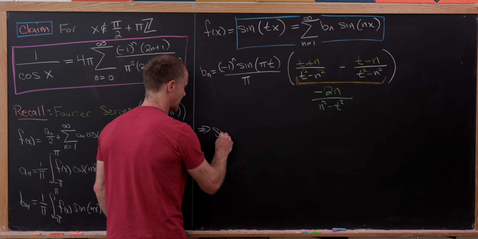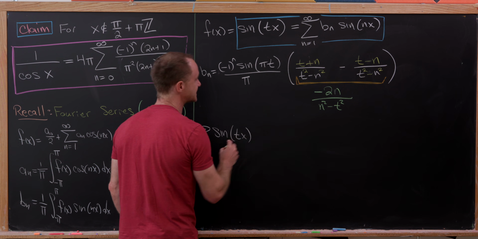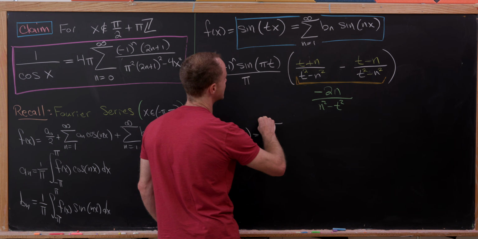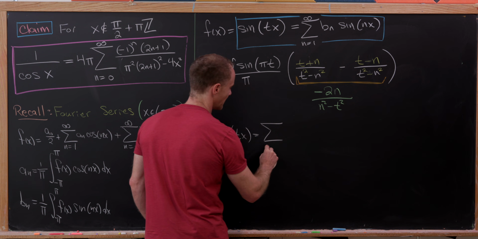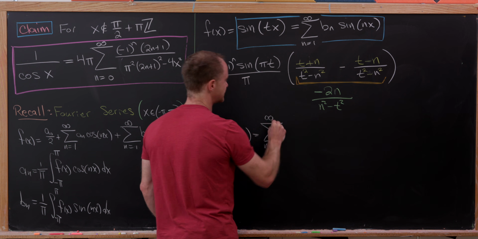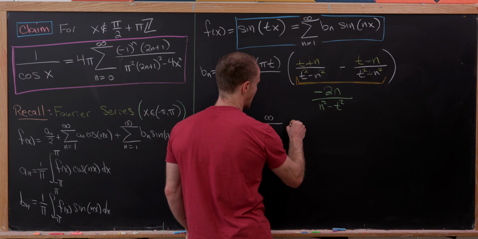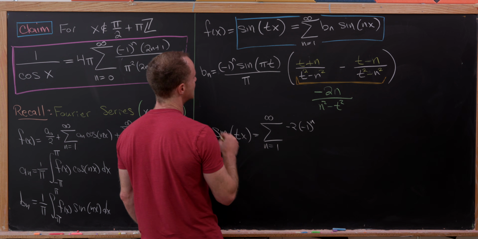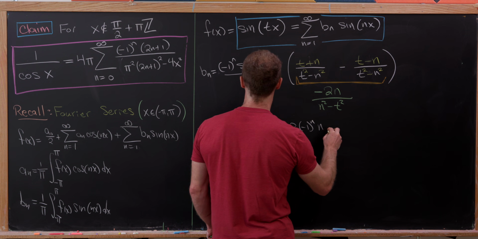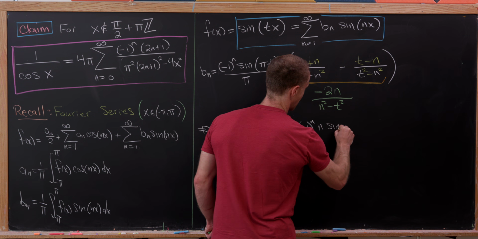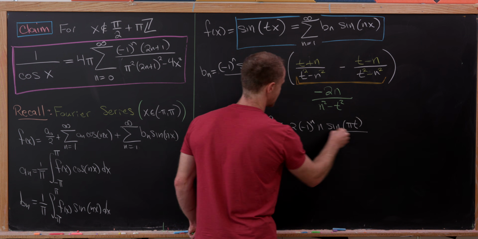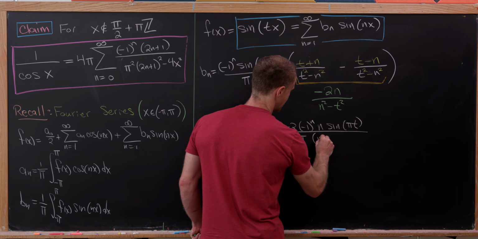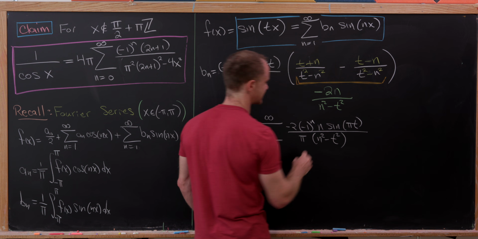So that tells us that we have sine of t times x is equal to, well, let's see, the sum as n goes from 1 up to infinity of minus 2 times minus 1 to the n times n times sine of pi times t all over, let's see, we'll have pi and then times n squared minus t squared.